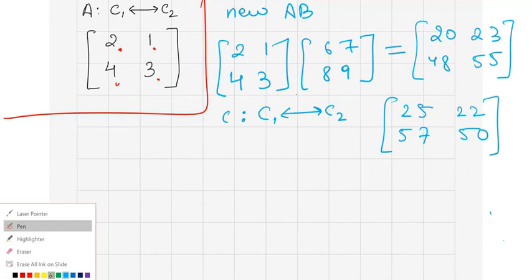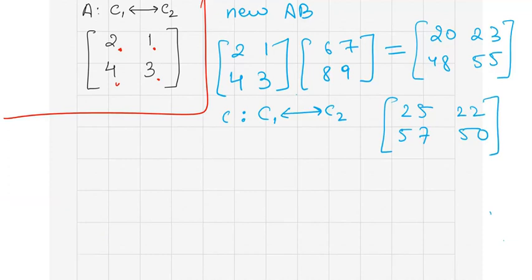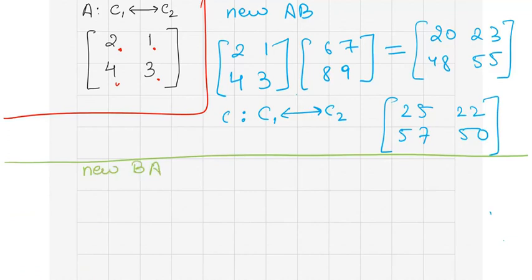Now let's change back to green and see what happens to the product A, which has changed from 6, 7, 8, 9 times 1, 2, 3, 4 to 6, 7, 8, 9 multiplied by 2, 1, 4, 3.